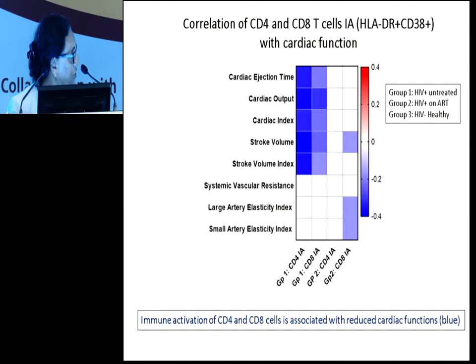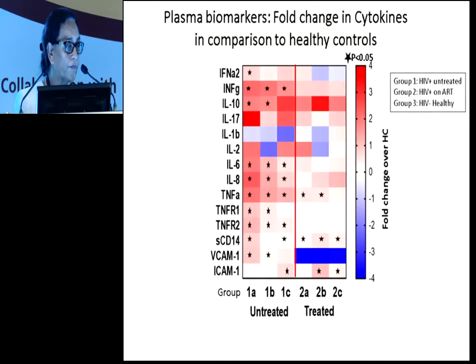And this shows you the correlation of immune activation of these CD4 and CD8 cells with the cardiac functions. And you can see that the immune activation was correlated with reduced cardiac function, as shown in blue, compared to healthy controls. And immune senescence was not correlated, by the way.